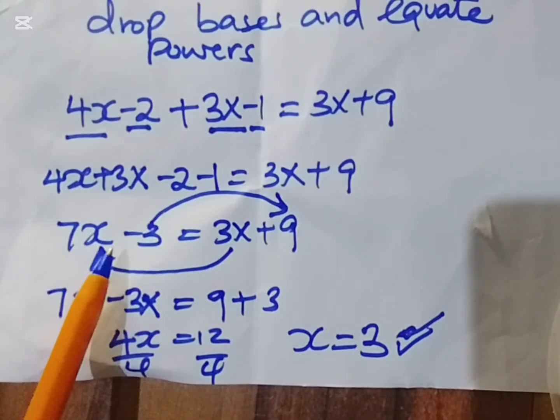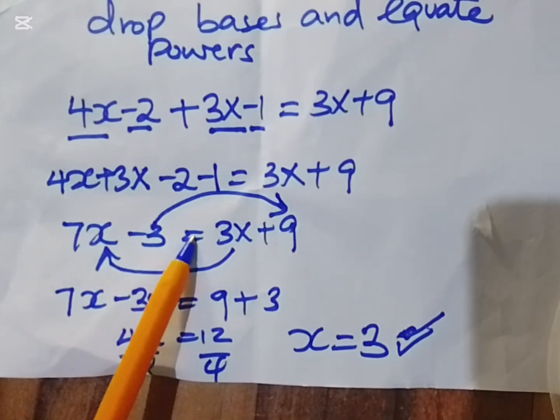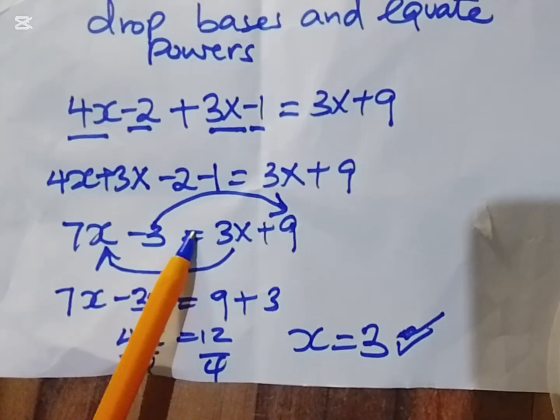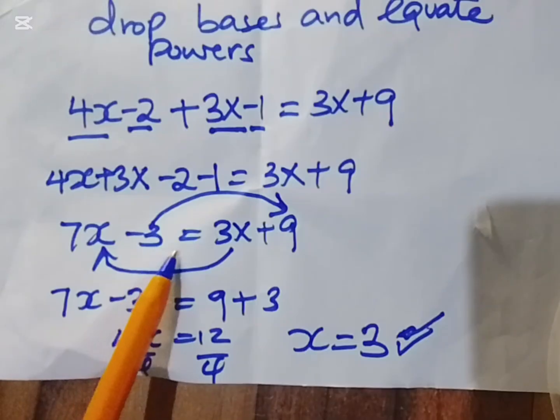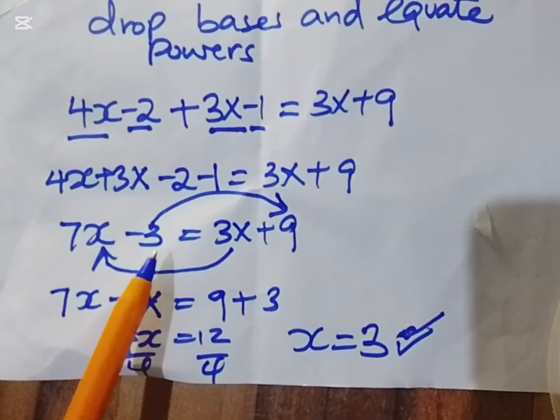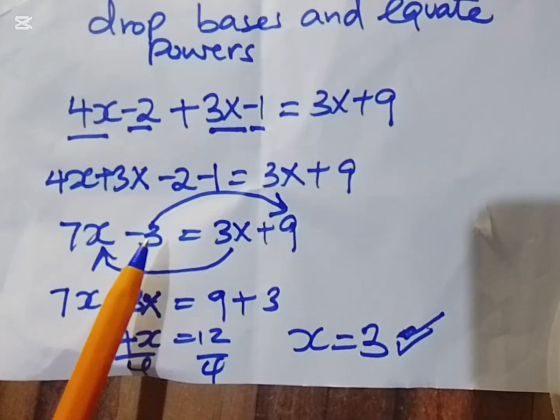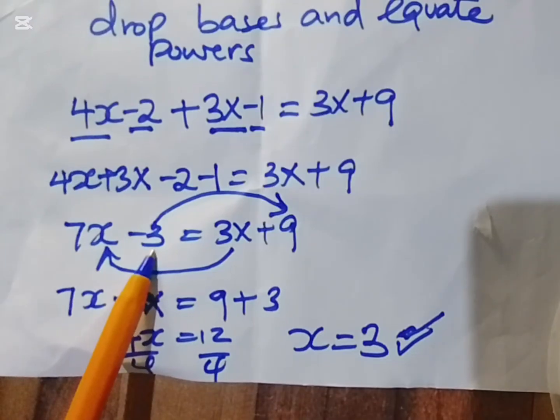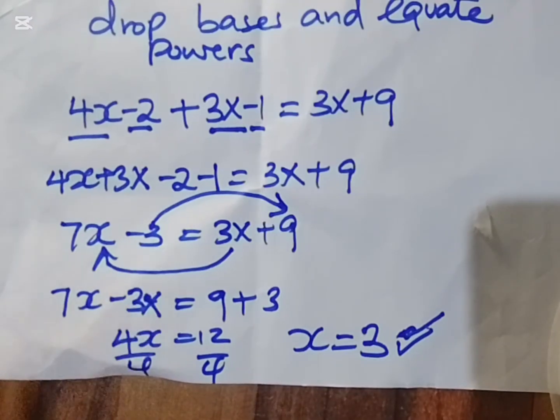Now, because we have an equal sign, we still continue to put the like terms together, and the values of x have to cross the equal sign. Wherever we have a positive, when it crosses the equal sign, it becomes negative, and where we have a negative, it becomes positive.